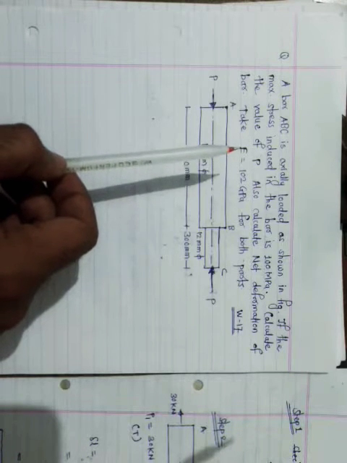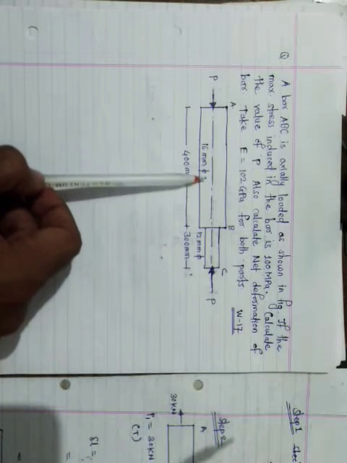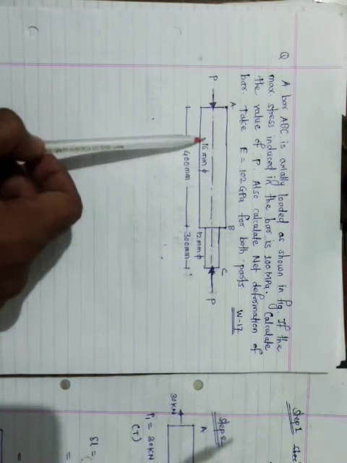Hence the stress developed in this bar is of two types, minimum stress and maximum stress. If we consider the maximum area, the stress developed is minimum, and for the smaller area the stress developed is maximum. How, we will see later.